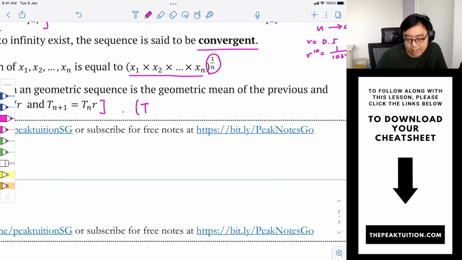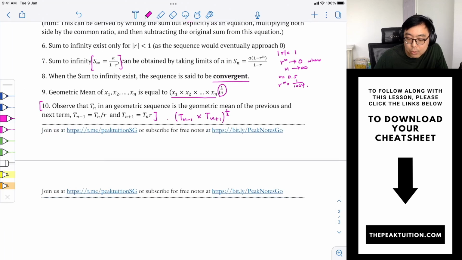We have Tn minus 1 times Tn plus 1, to the power of 1 over 2. This is a geometric mean of two numbers, right? And we can see that Tn minus 1 is equal to Tn over r, multiplied by Tn times r. The r and r cancel, and you just get Tn squared inside the bracket. Power 1 over 2 is basically square root. So this gives us Tn.